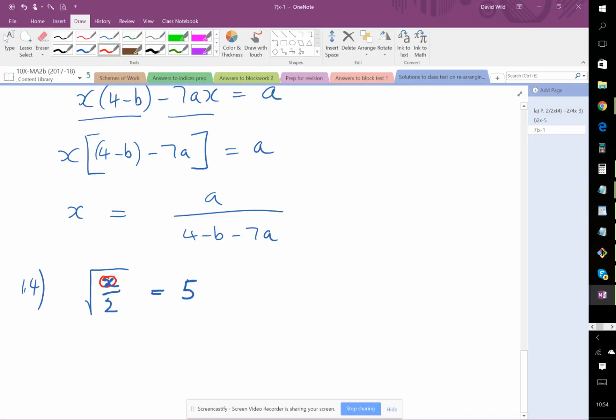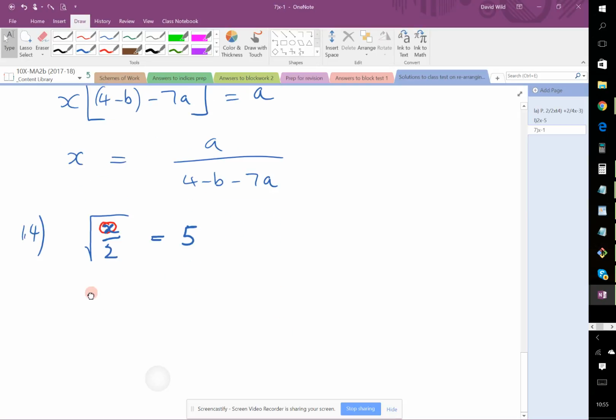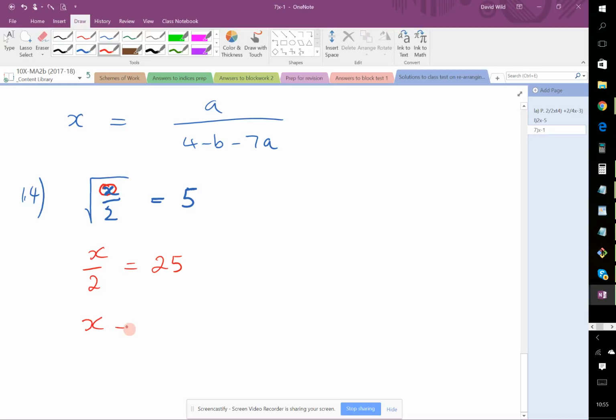Oh, my pen's gone funny now. No, it's electric special pen. Anyway, hang on, before you go, I basically need to square both sides to get rid of that. And then multiply both sides by 2.